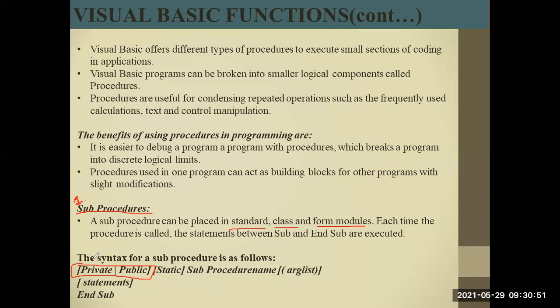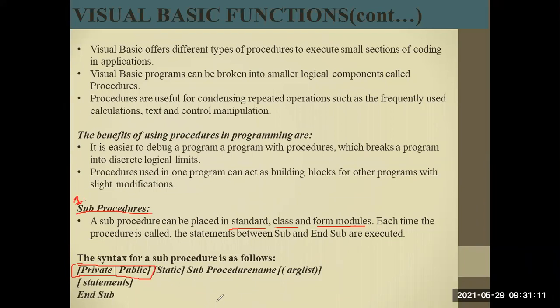If it is Private, it is specified for a particular application. So you can give either Public or Private. By default it is Private if we do not mention any accessibility.